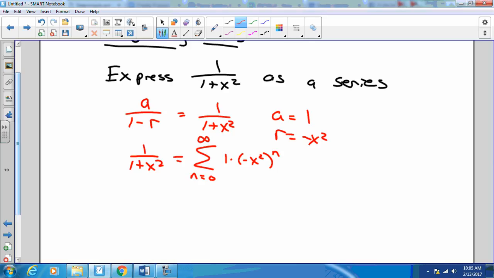This is perfectly fine, but very often we want it simplified, and so we can simplify that as the sum n equals 0 to infinity of negative 1 to the n times x to the 2n. And if I were to write it in unrolled form, it would be 1 minus x squared plus x to the fourth.